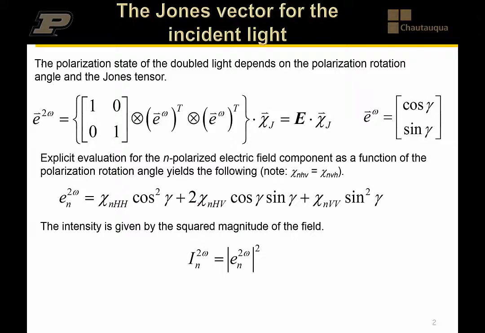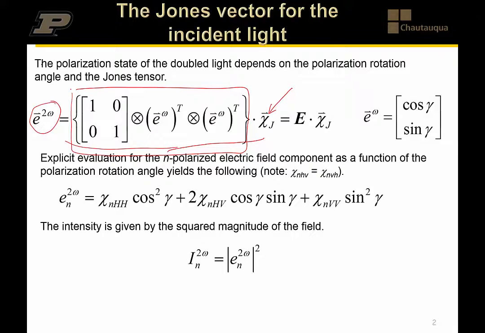So this is the general expression for the Jones vector for the second harmonic as a function of the driving electric field and the Jones tensor. And of course, the vectorized form of the Jones tensor is what we want to pull out of this analysis. And all the elements inside this matrix E are the inputs that are known.